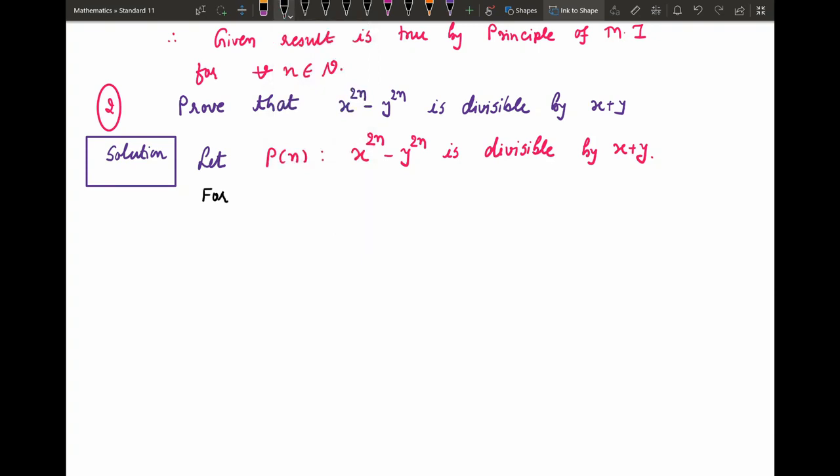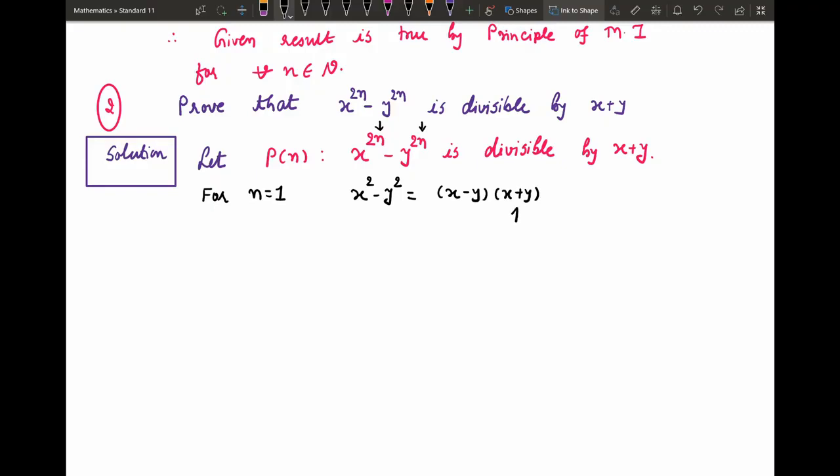For n equal to 1, x raised to 2 minus y raised to 2. Here take n equal to 1, so 2 into 1, so x raised to 2 minus y raised to 2. So here this can be factored as x minus y, x plus y.